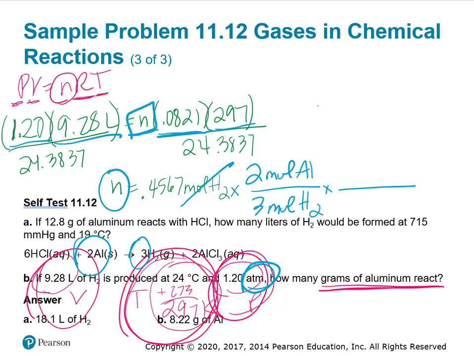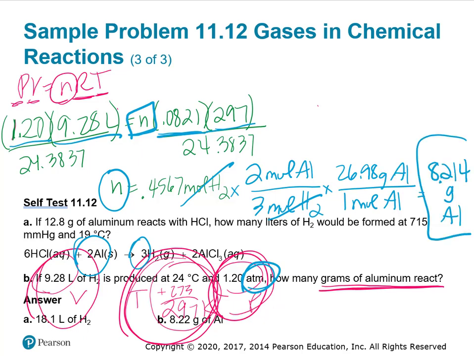And then I can go one step further because those will cancel out. 1 mole of aluminum has a molar mass of 26.98 grams of aluminum. And I got 8.214 grams. Again, we want 3 significant figures, so 8.21 grams of aluminum, or 8.22, I guess, if I made a little calculator error.